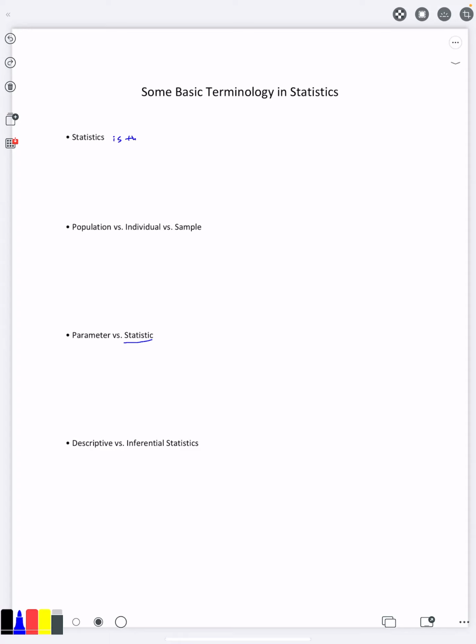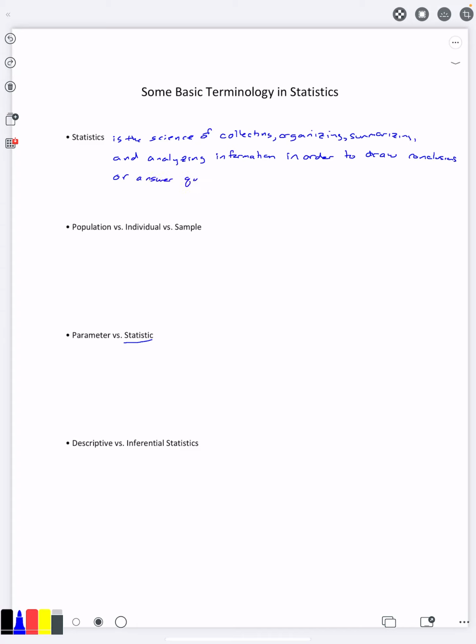Statistics is the science of collecting, organizing, summarizing, and analyzing information in order to draw conclusions or answer questions.